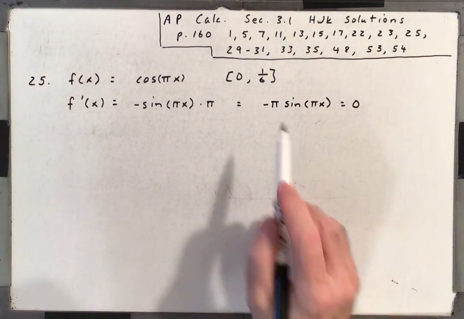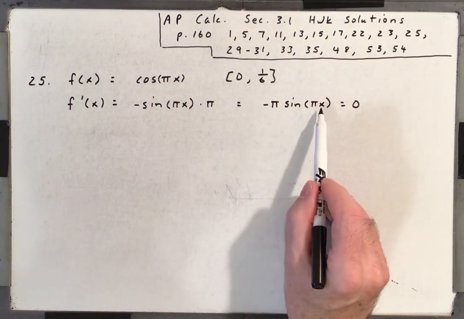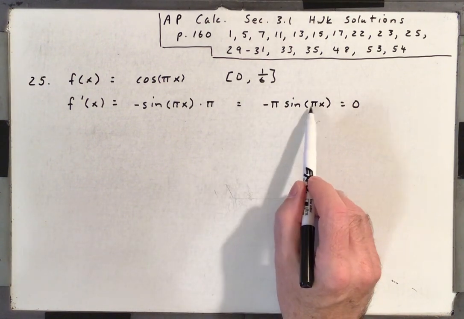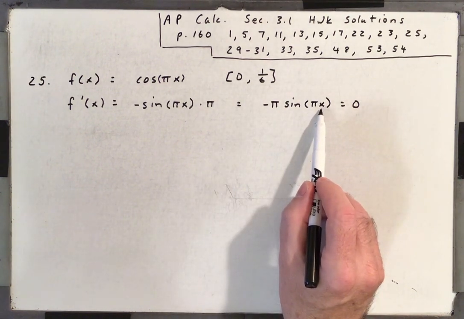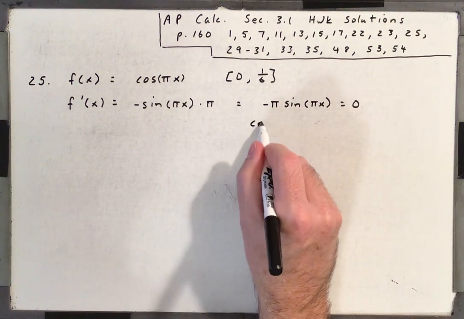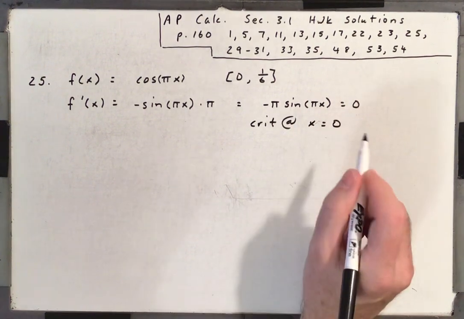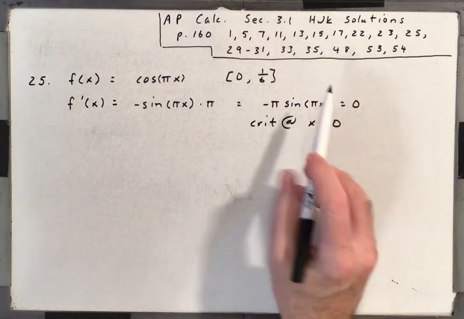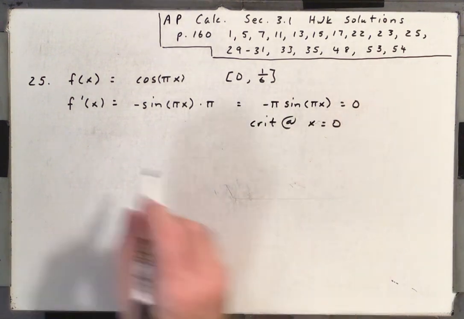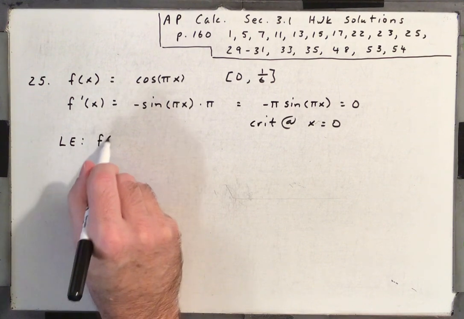And in that little interval between 0 and 1/6, the only place sine is 0 is at 0. So sine of 0, when x is 0, then this whole thing would be 0. So we do have a critical point at x equals 0. Because pi is outside the interval. That's the next place.